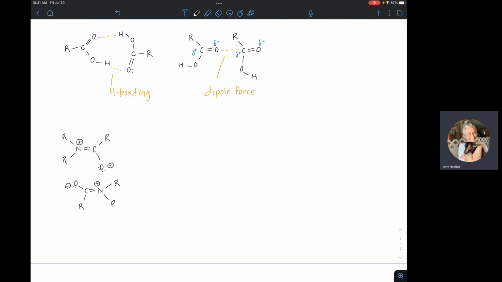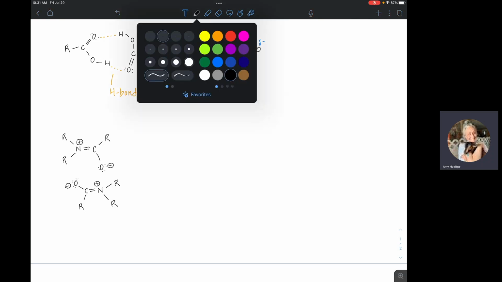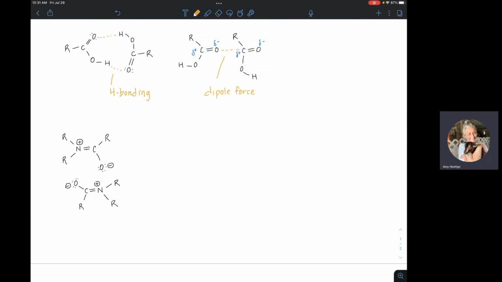Meaning they're just a little bit stronger. So I've got a dipole-dipole interaction here, and here, but it's between an actual formal positive charge and a formal negative charge instead of partial charges. So this is going to be a stronger dipole force.